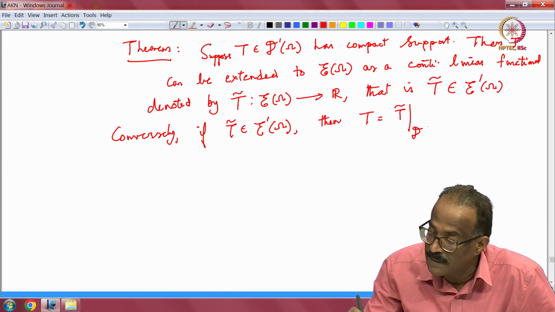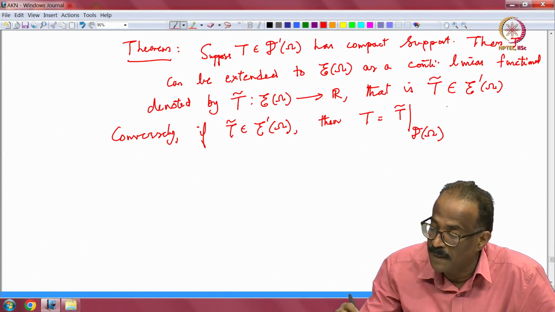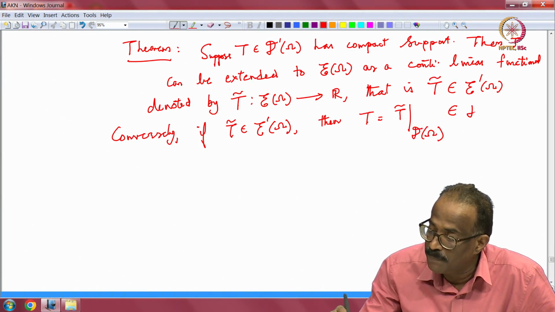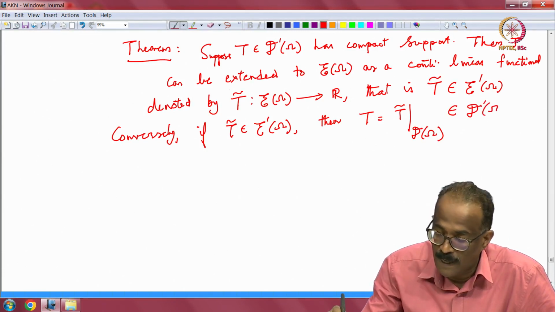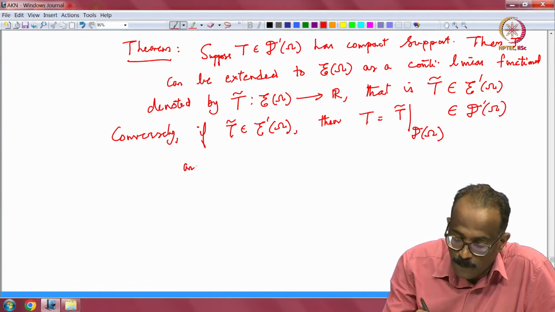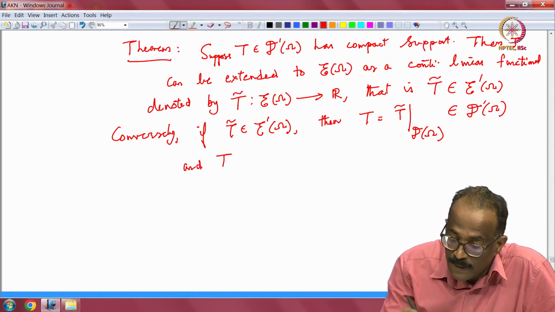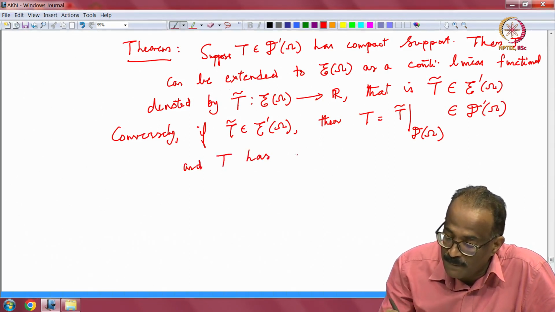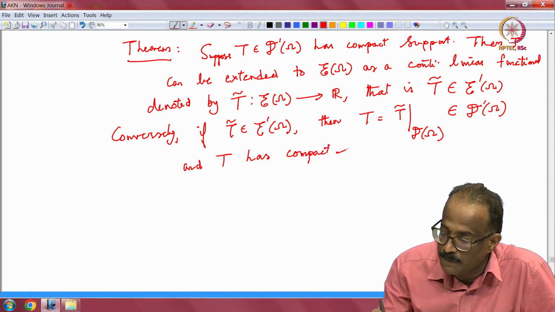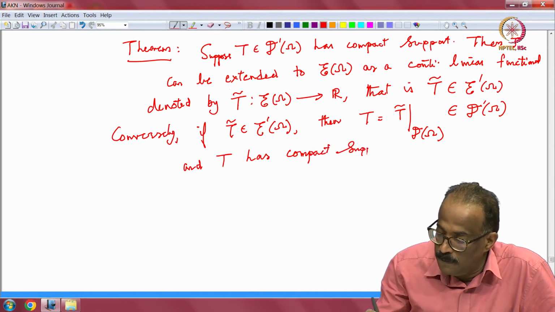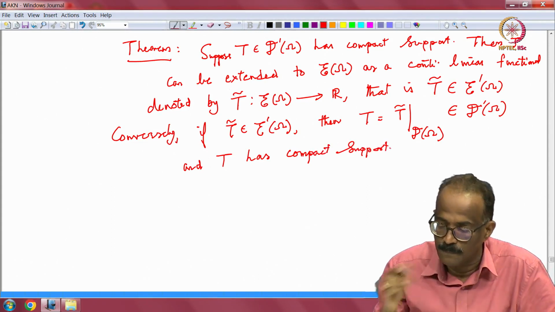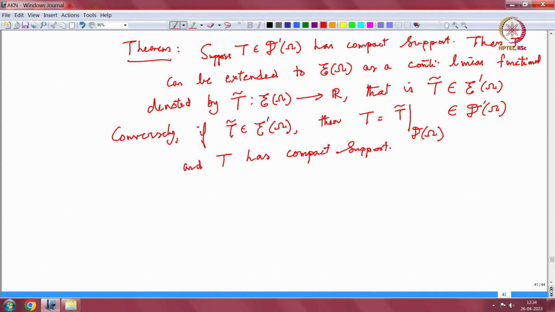So T restricted to D omega is in D prime of omega, and that T has compact support. This is an important result, and there are some observations and other things. I will give a proof of it.